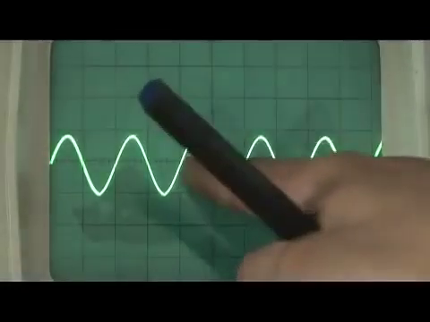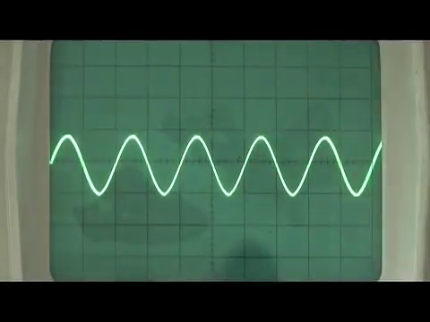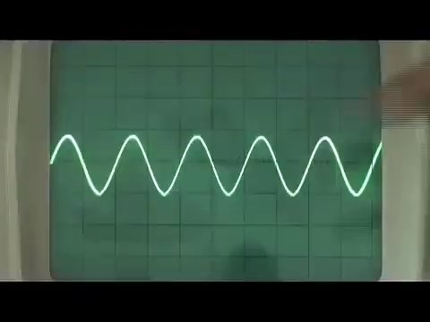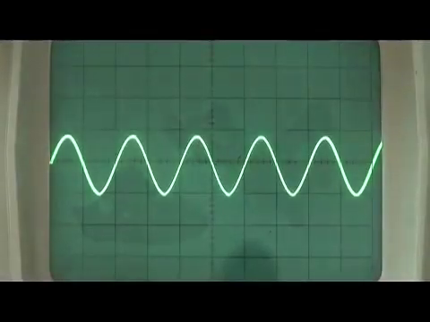What we got is the time period. And we all know the relation between frequency and time period: frequency is equal to 1 by time period. You got 2 into 0.5 milliseconds.